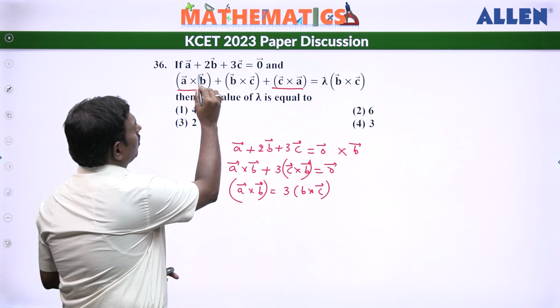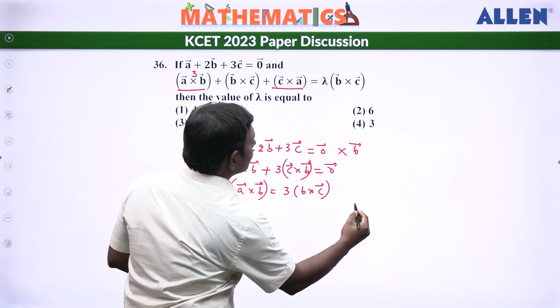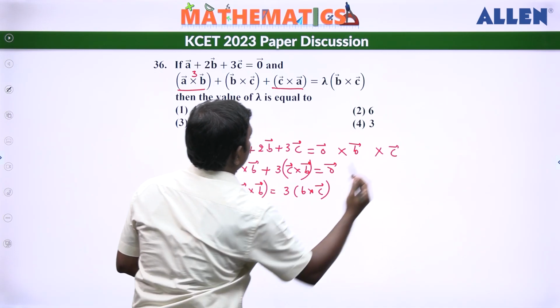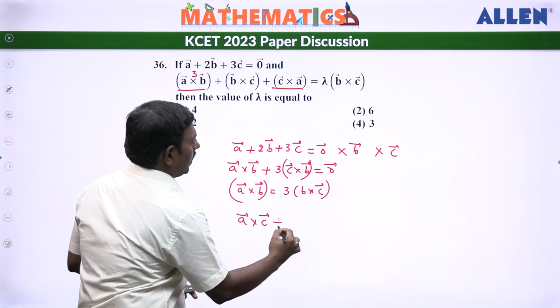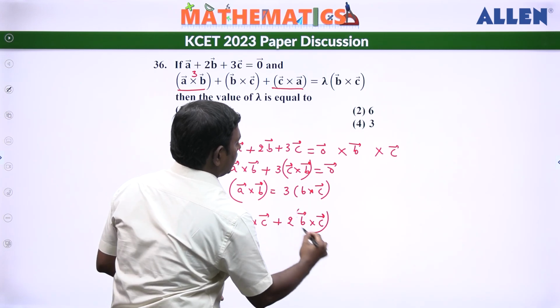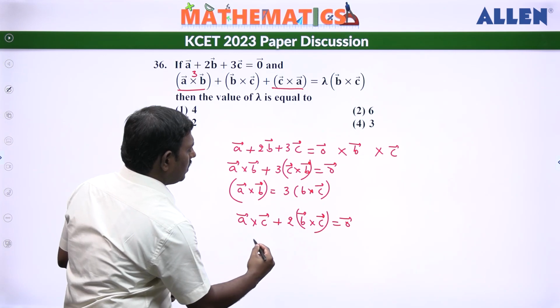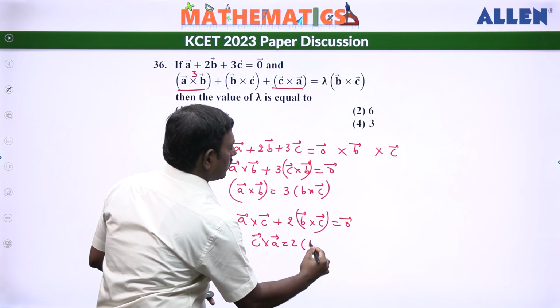So this becomes 3 times b cross c. Similarly, when you apply cross product with c bar on the same equation, you will get a cross c plus 2 times b cross c is equal to 0 bar. From this we need c cross a, so c cross a is equal to 2 times b cross c.